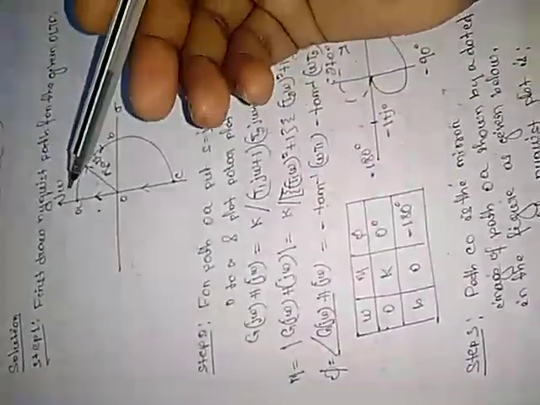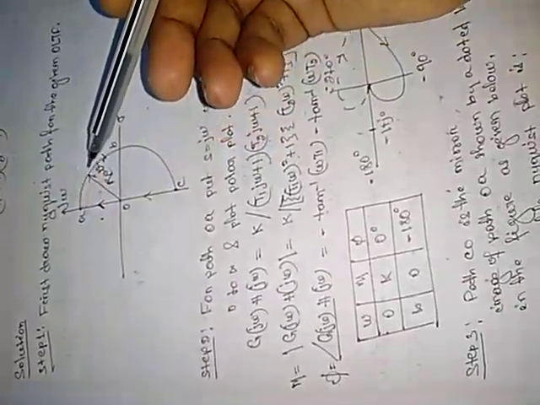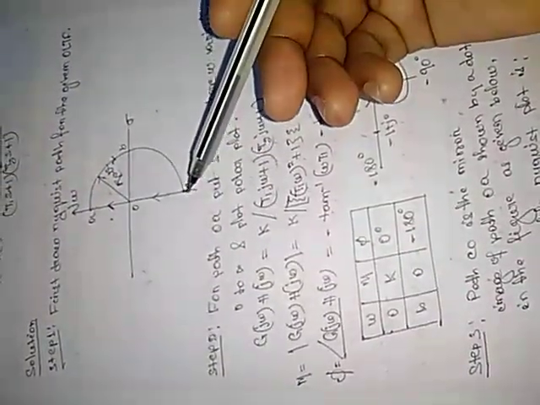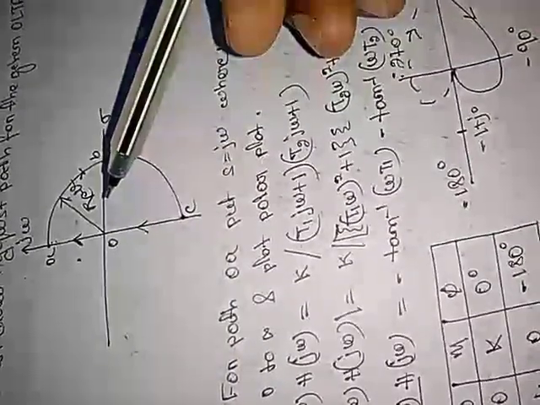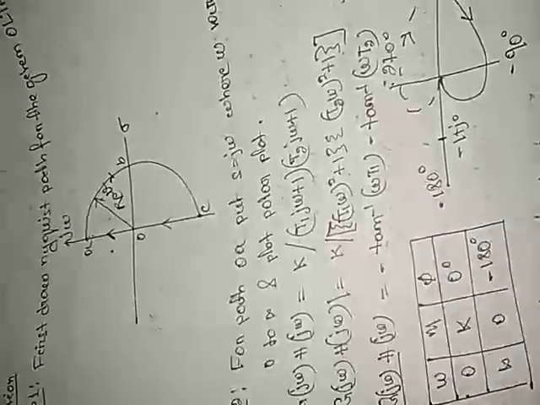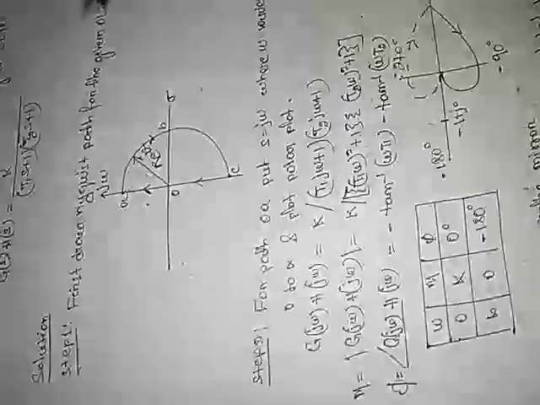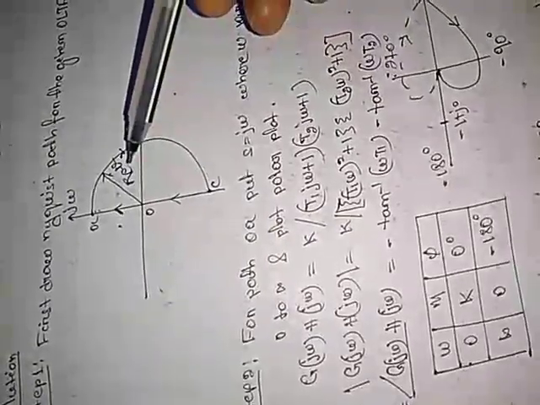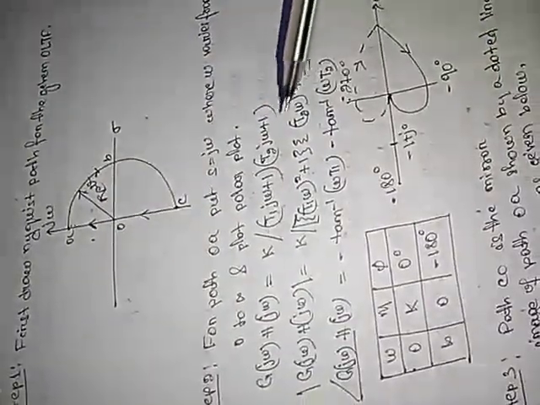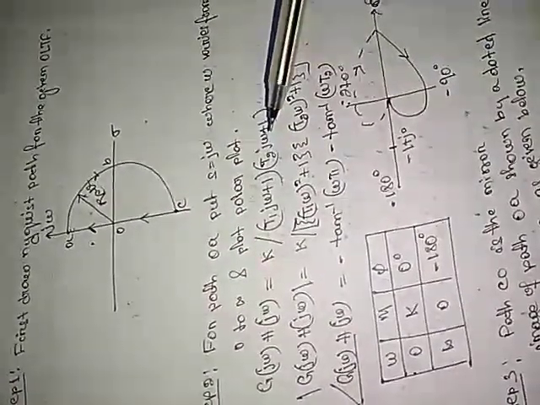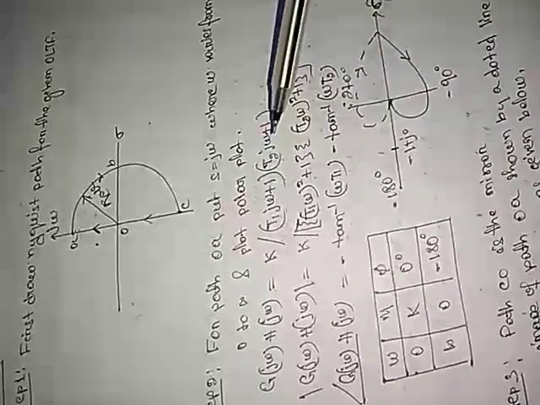In the next step, you may calculate the encirclement by putting s equal to r e to the power j theta, where r tends to infinity. If you put s equal to r e to the power j theta, where r tends to infinity, in this transfer function, you get 0 radius.